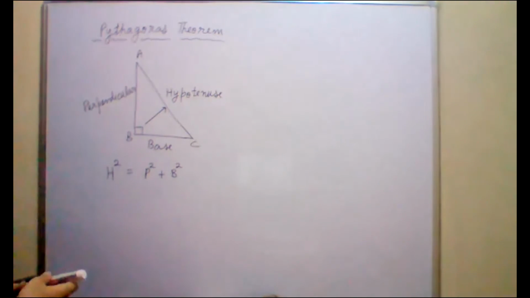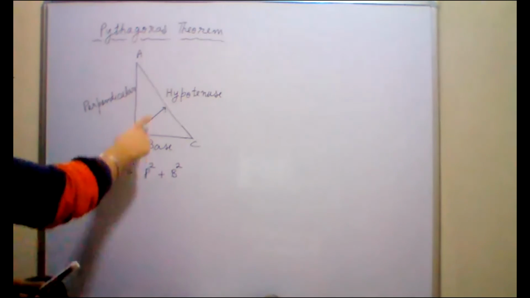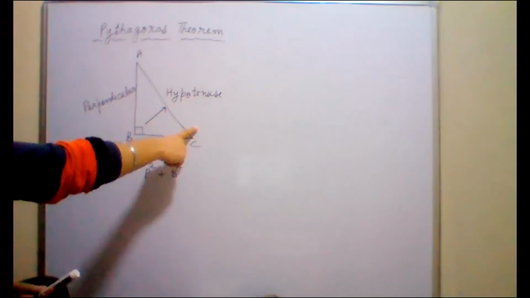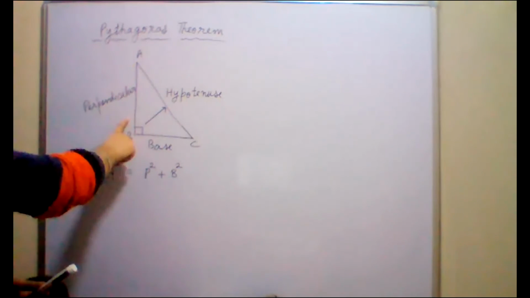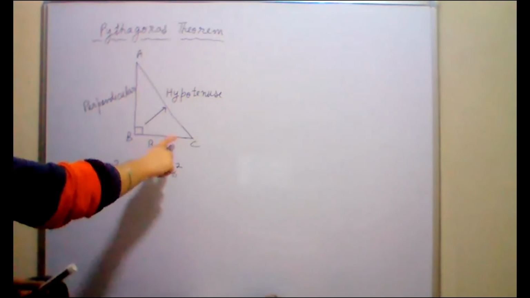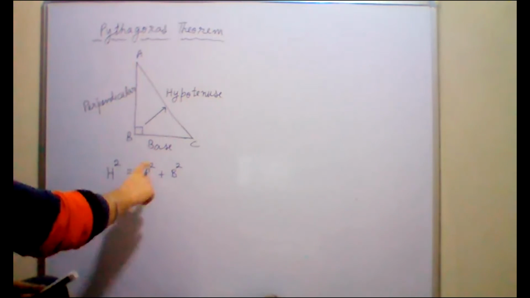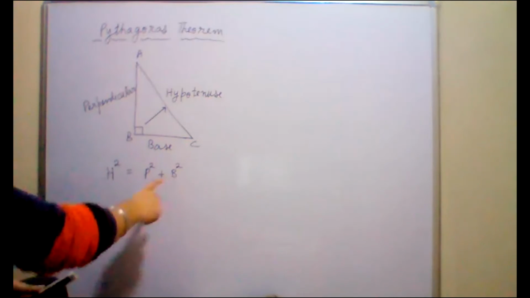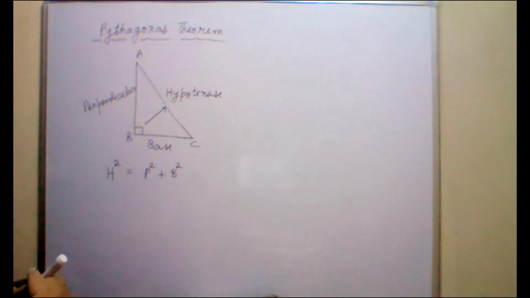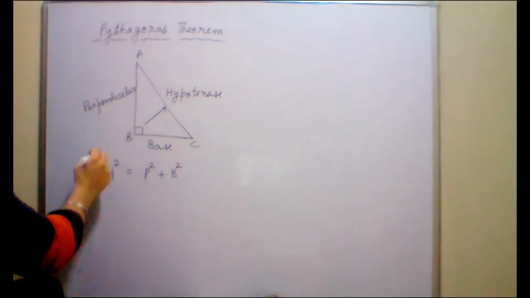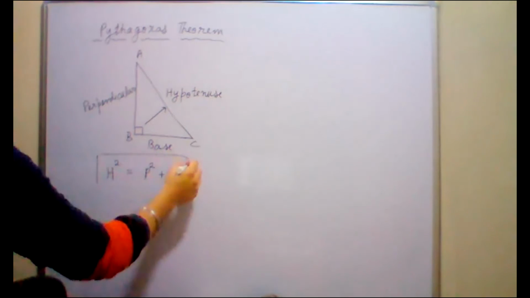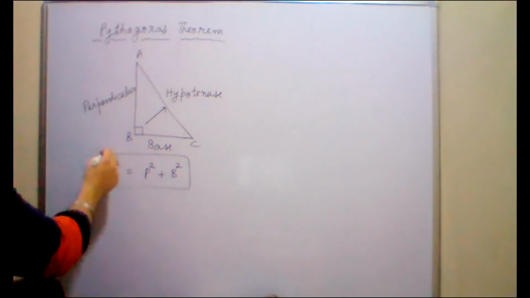This is the theorem. Hypotenuse square is equal to the sum of the squares of the other two sides. That means square of the perpendicular plus square of the base. So this is your Pythagoras theorem.